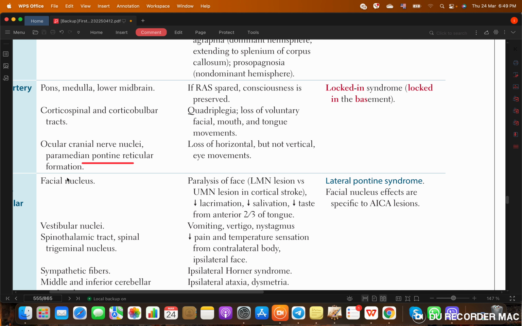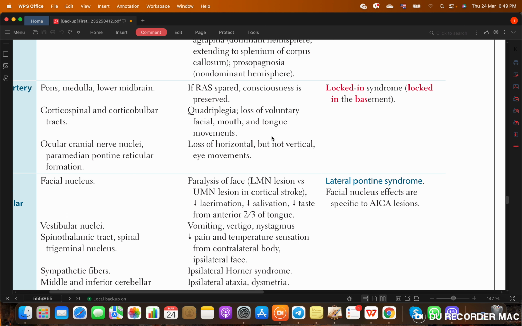So remember, this thing is responsible for us getting a coma if it's destroyed, or to go to sleep if it is shut down. So if the RAS is spared, which is basically the reticular formation, consciousness is preserved. But if it is destroyed, you will go to sleep.